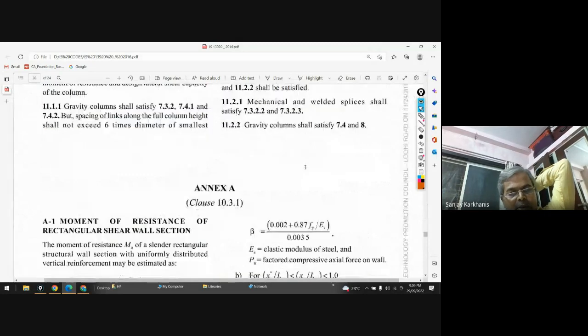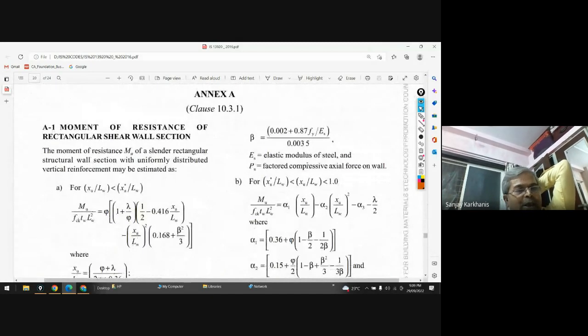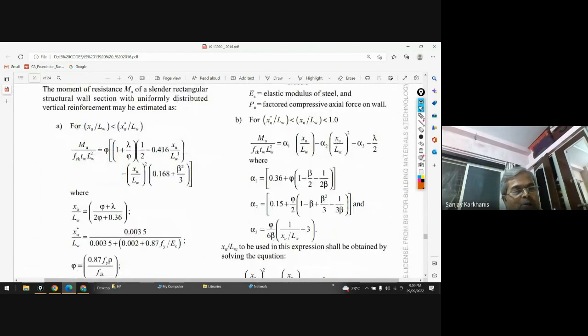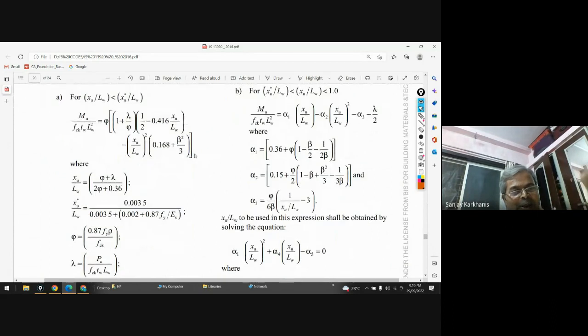Now you can see, if you want to calculate the moment of resistance of a rectangular shear wall, see all these calculations. You have to go through all of them.